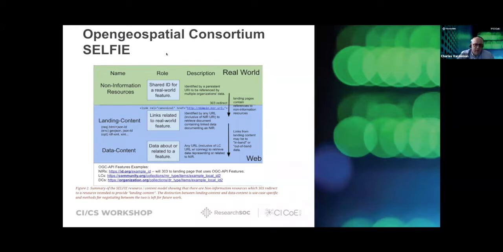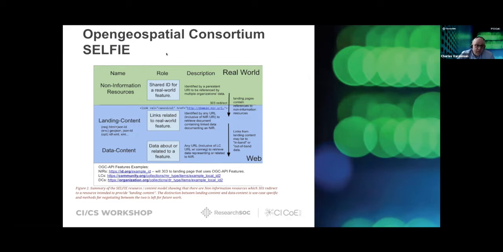And so the W3C a while ago recommended that you create a persistent identifier for the human feature, right? The human thing. And then do a 303, which is a See Other, a 303 redirect, right? See Other, which then gets you from a non-information resource to landing page content on an information resource.